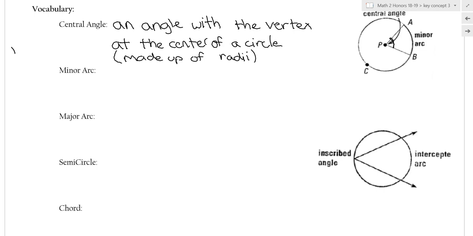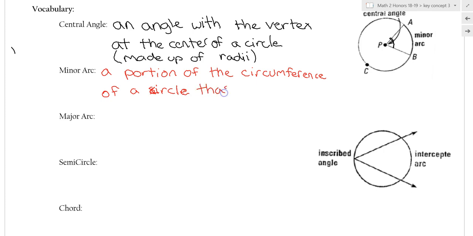Right, it's a portion of the circumference of a circle that is less than 180 degrees.